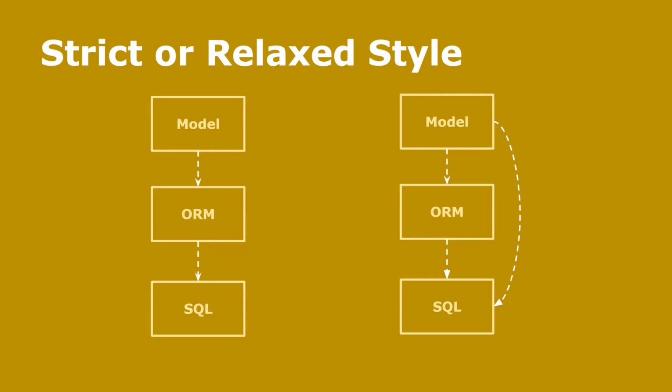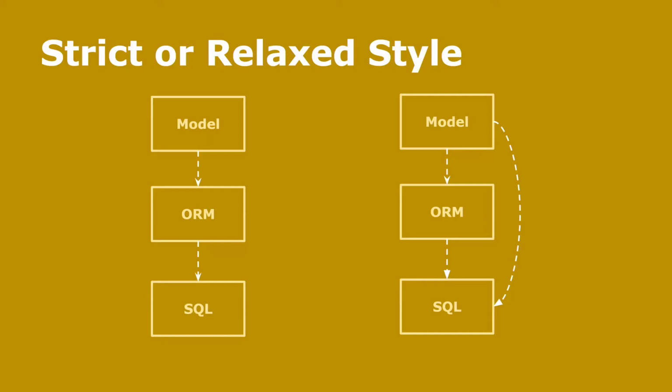In the relaxed style, we can have layer skipping, so the model then can depend on SQL, and sometimes this is needed, maybe for performance reasons, or maybe the ORM library did not offer some type of functionality that we needed, so we need to use SQL directly in our model.